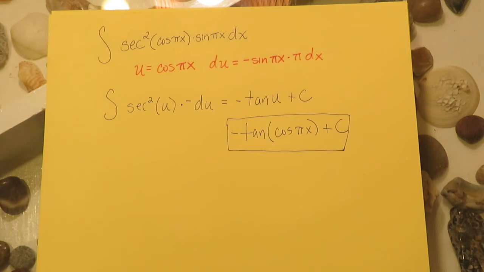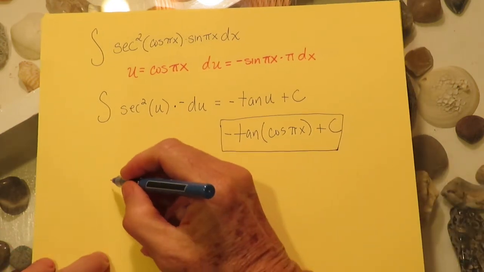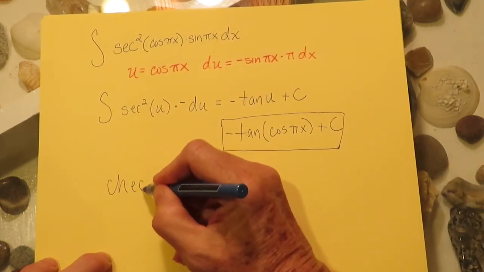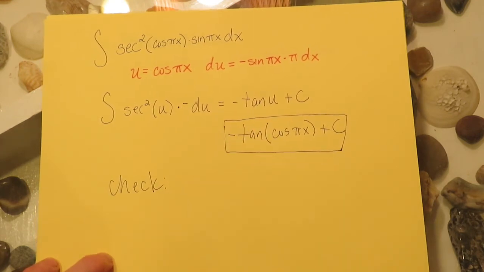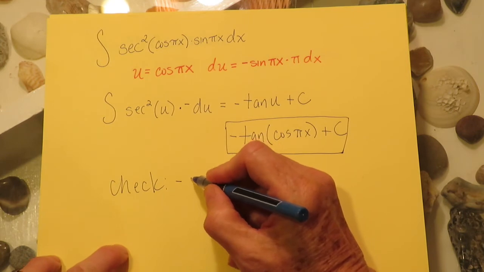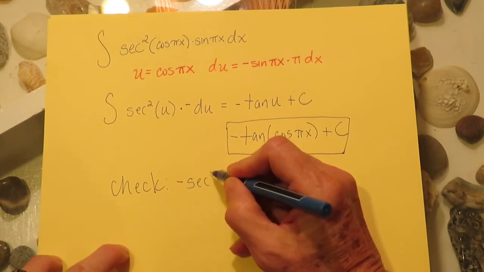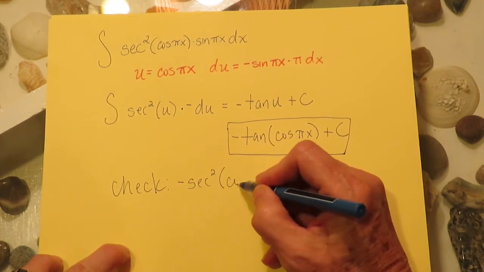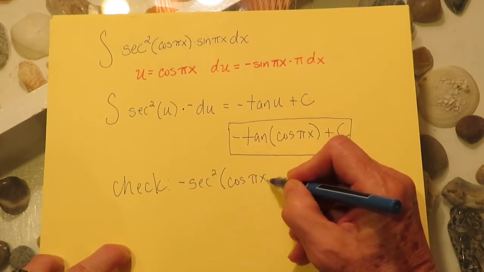We should always check our answers by taking the derivative, so to make myself feel better, I'll do the check by taking the derivative. So the derivative of tangent is secant squared, and remember, you leave the input alone.